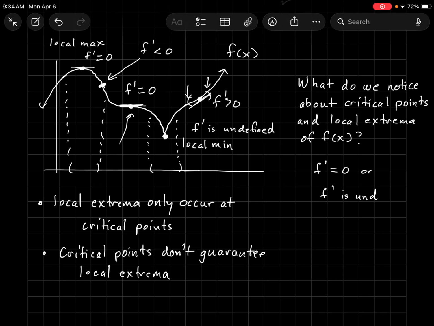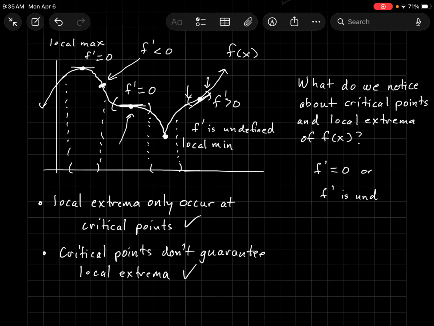We have values of f that are both higher and lower on an open interval right around that point. It is a critical point, but it's not a local extrema. So local extrema only occur at critical points. That's going to become important. Critical points don't guarantee local extrema. Important, but not as important.